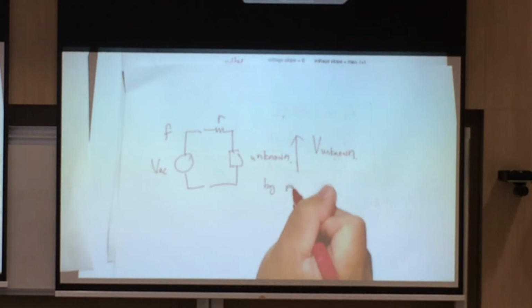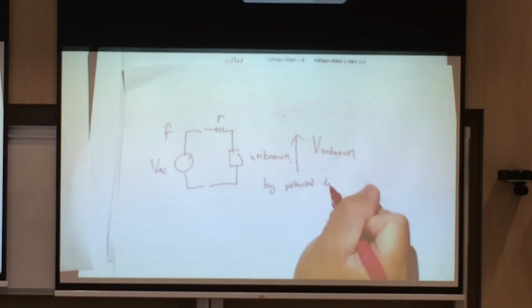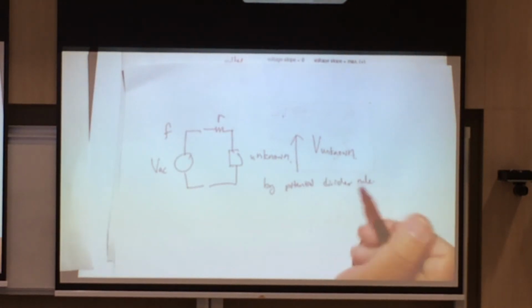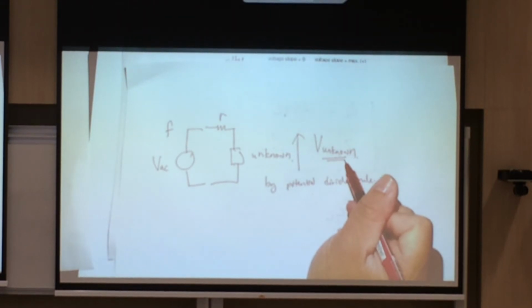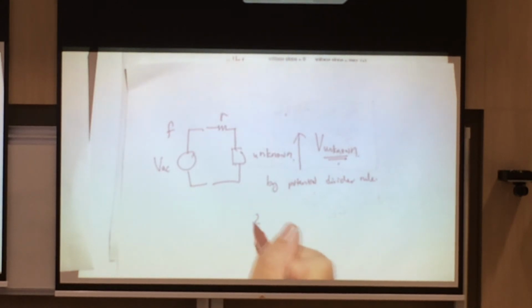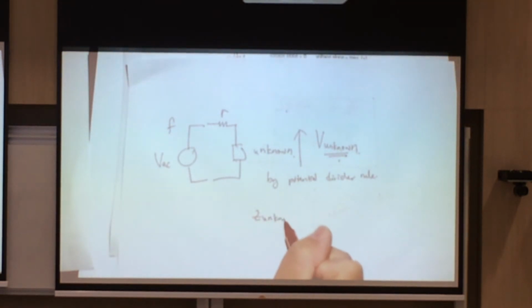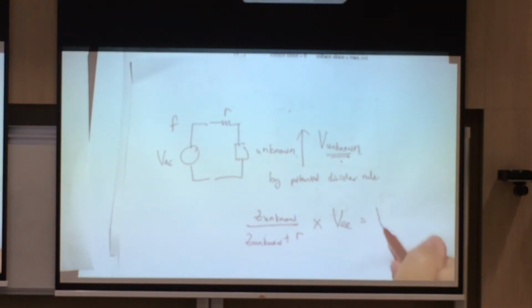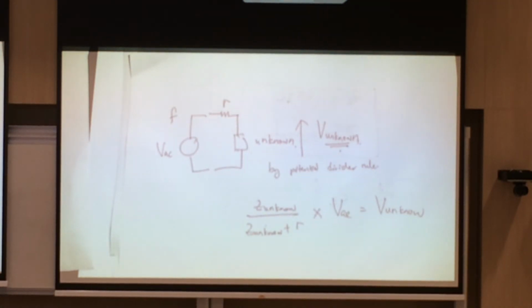By potential divider, you can measure this, right? Once you know this, by potential divider, Z unknown over Z unknown plus R multiplied by your V_AC will give you V unknown, right? Agreed? So from here you can work out what your Z unknown is.